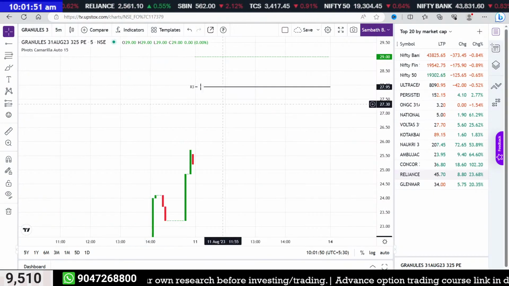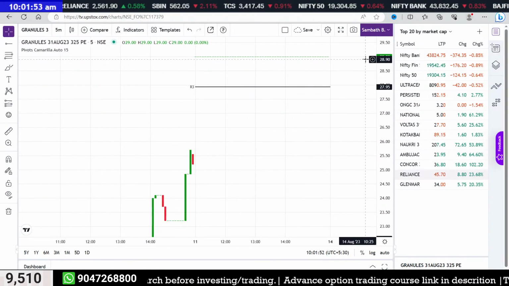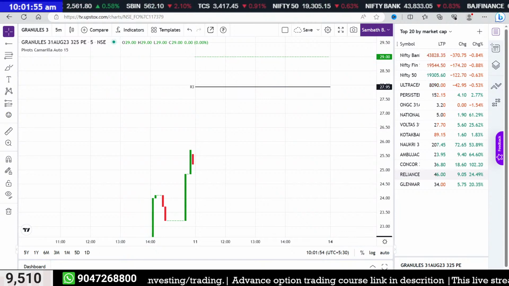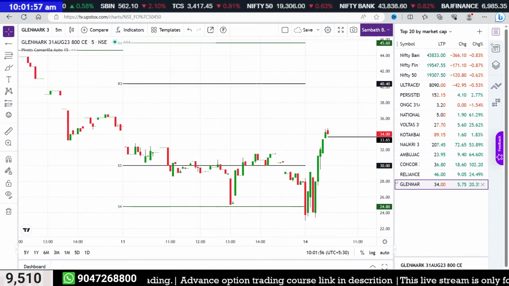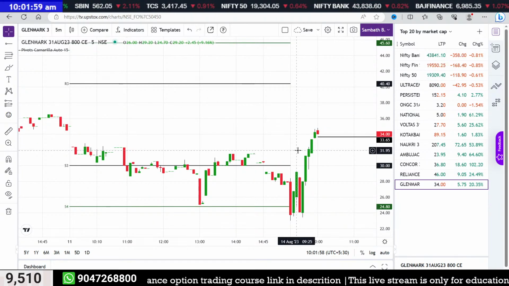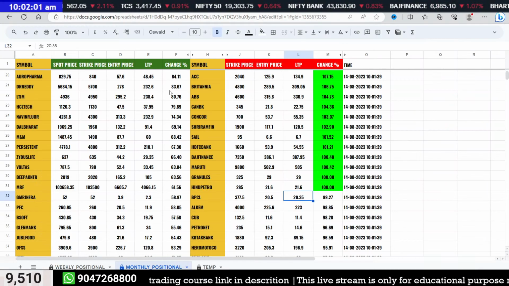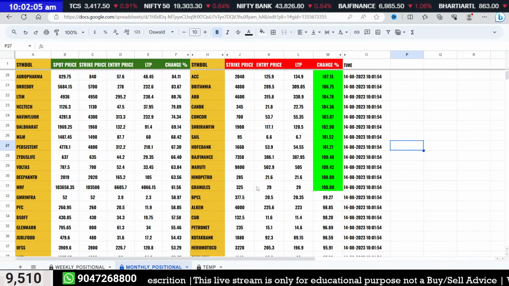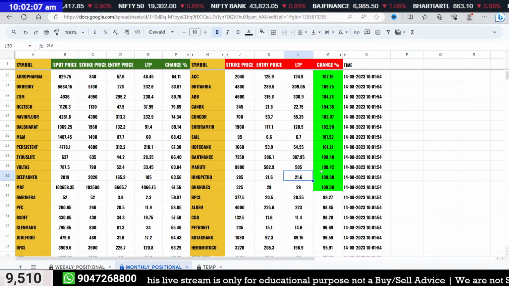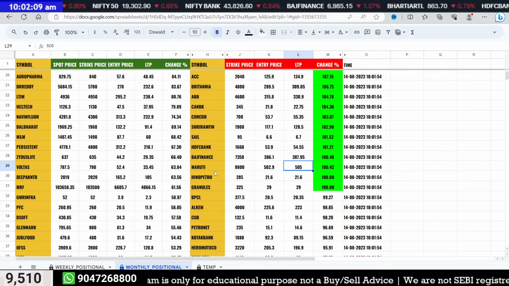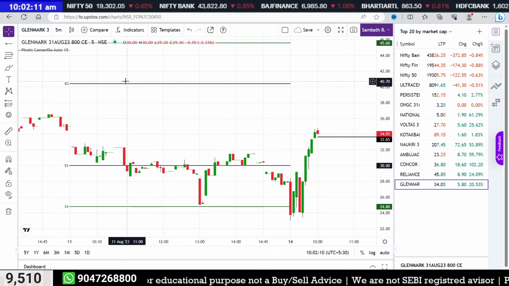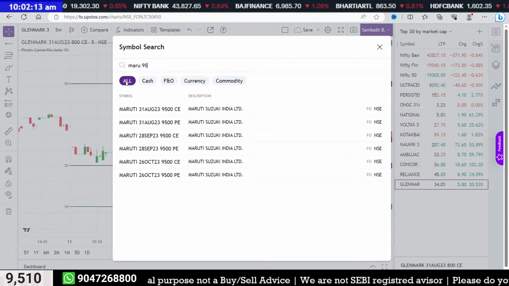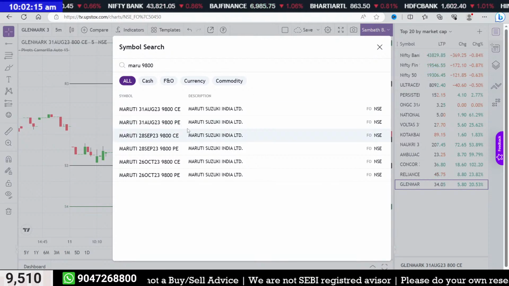Okay, look at this. It was not liquid, so we don't need to go for the stock, simply ignore it. But Glenmark we can plan for an intraday. What kind of trade you are selecting, you need to look at that. Hindu Petro 285 put option, and Maruti 9800. You look at Maruti 9800, right?